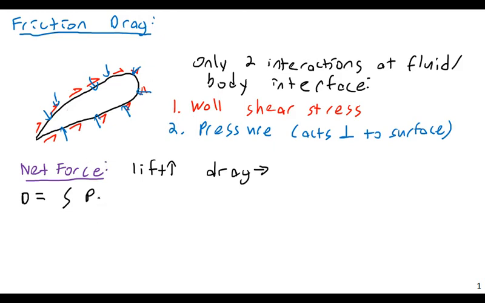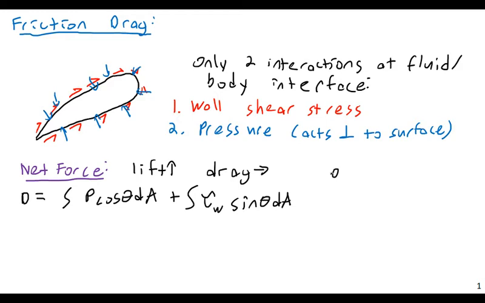So this would be the integral of P cosine theta dA, where theta is the angle between the surface normal and the fluid velocity at that point, plus the integral of tau_w, the wall shear stress, times sine theta dA.